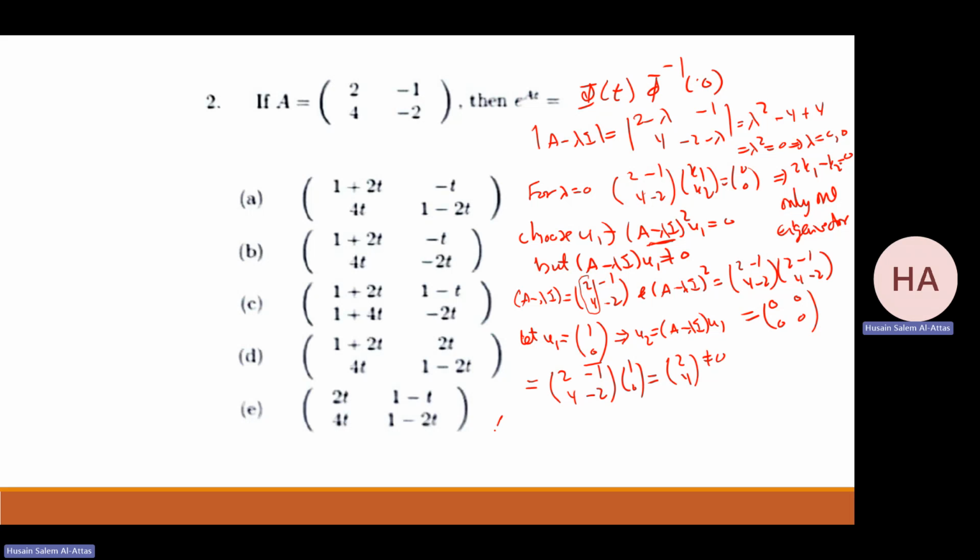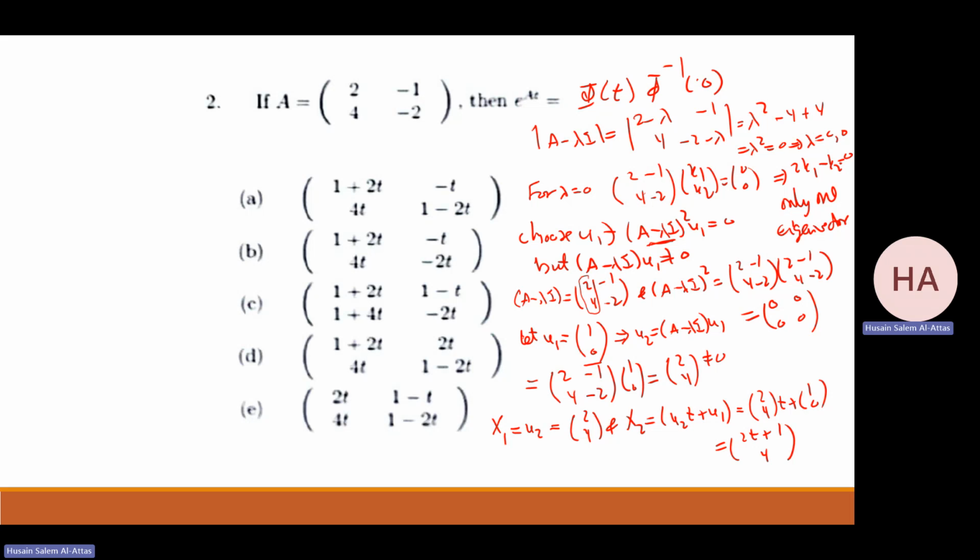So I am okay. So I have x1 is u2 e to the power 0, which is 1. So it's u2, which is 2, 4. And x2 is u2 t plus u1. And that is 2, 4 t plus 1, 0, which is 2t plus 1 and 4t.